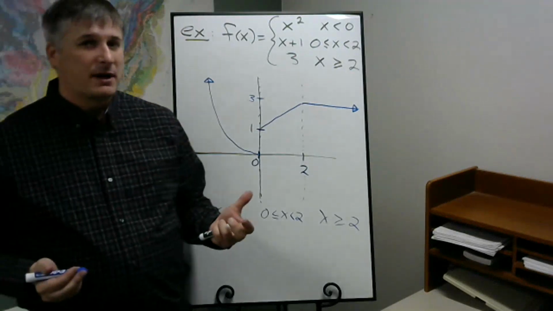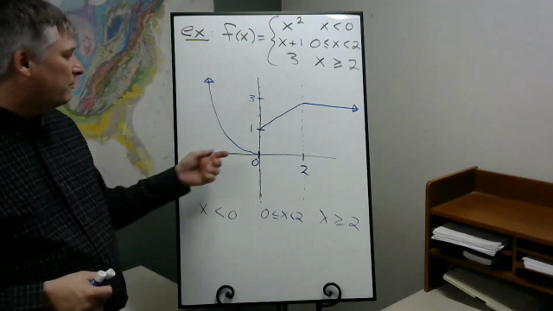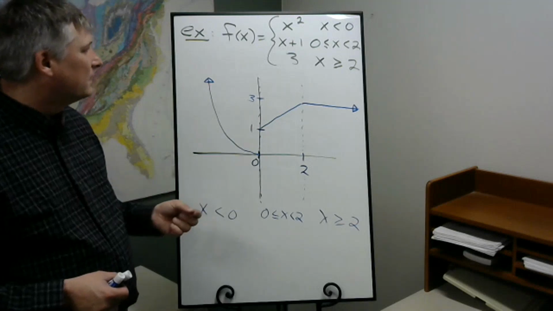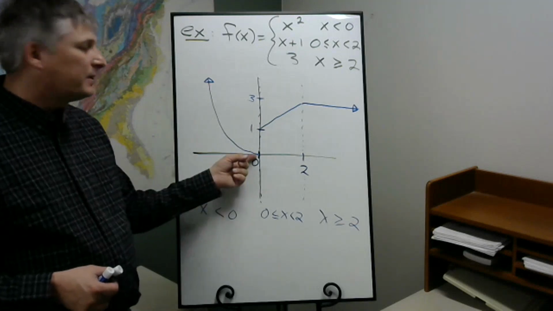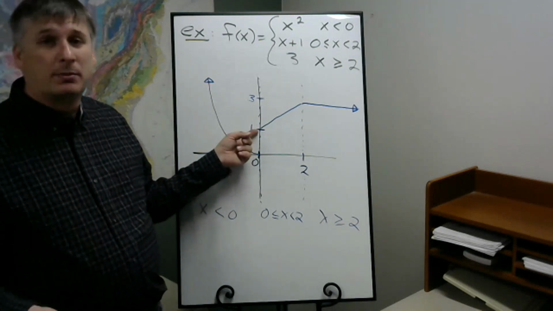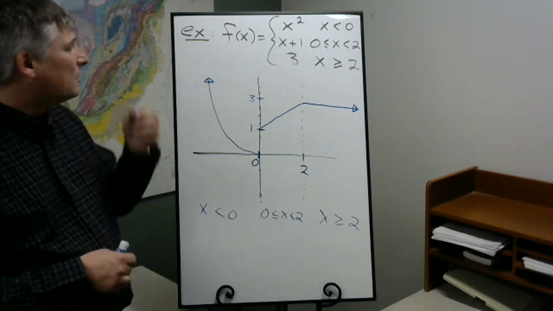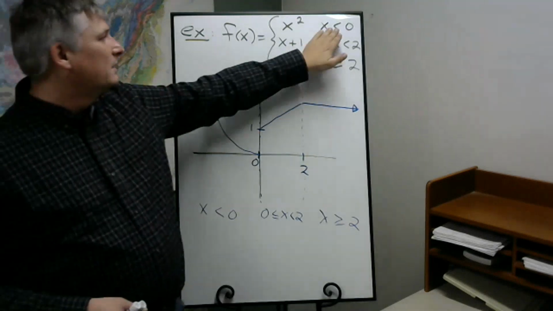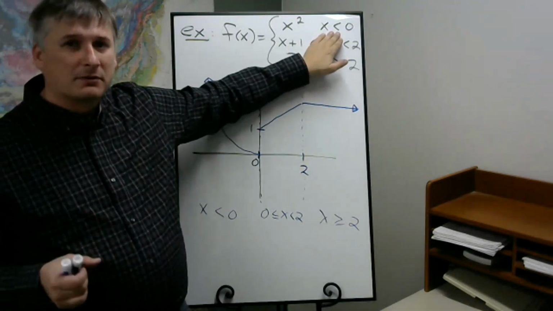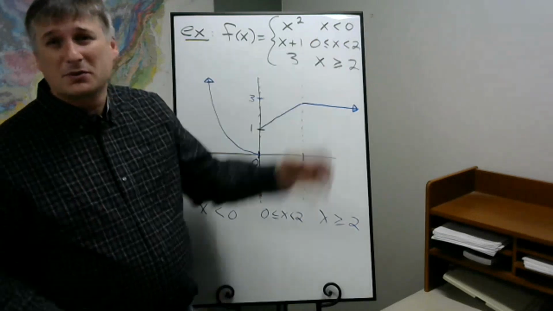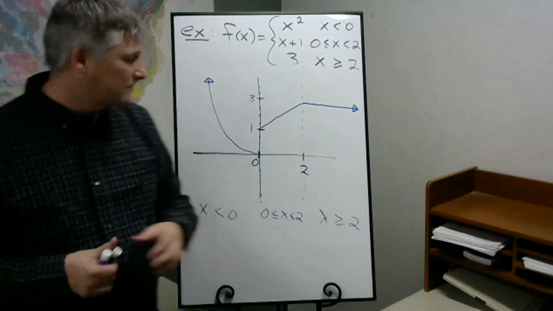Now, we want to take a look at these boundaries. We have a gap here. Now, should this be an open dot or closed dot? Well, we're told for the first phase that x is less than 0. In other words, it never actually gets to be 0.